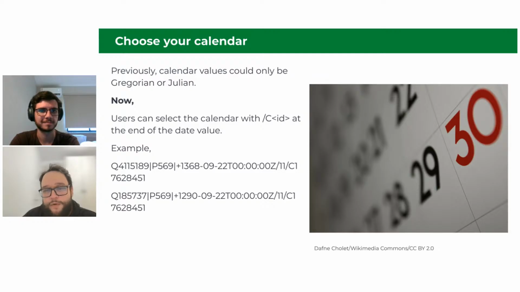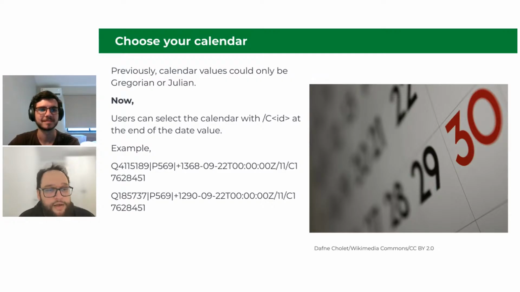The default is the Gregorian. They can use the Julian calendar as well. The same syntax applies to QuickStatements version 2. But now we want, for example, to add information about Frodo Baggins and Bilbo Baggins into Wikidata.